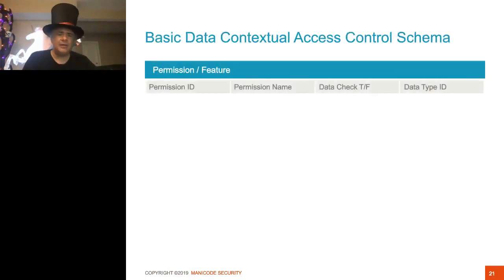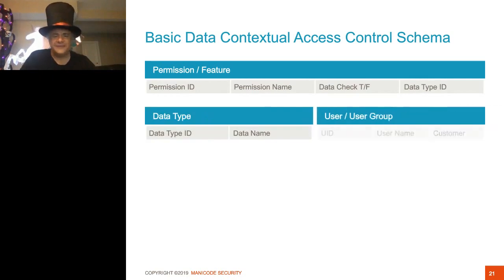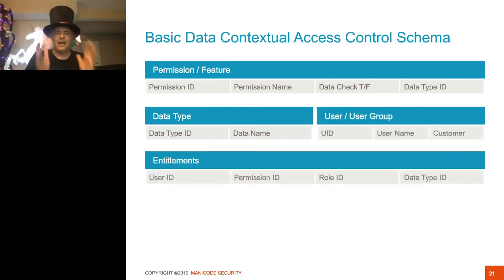So I want to talk about a really basic database schema to drive complicated access control. This is a good beginning. Beyond this, I would group every category. And what you think of as roles in a traditional role system, in my world, they're groups of users. So let's take a look at this data set, all filled out here.